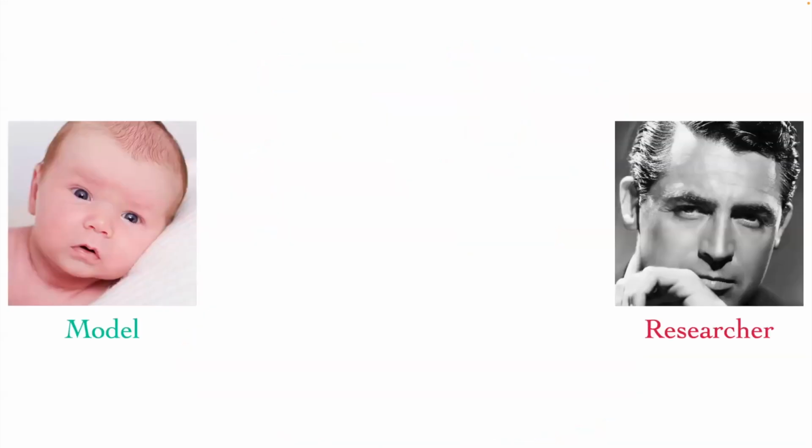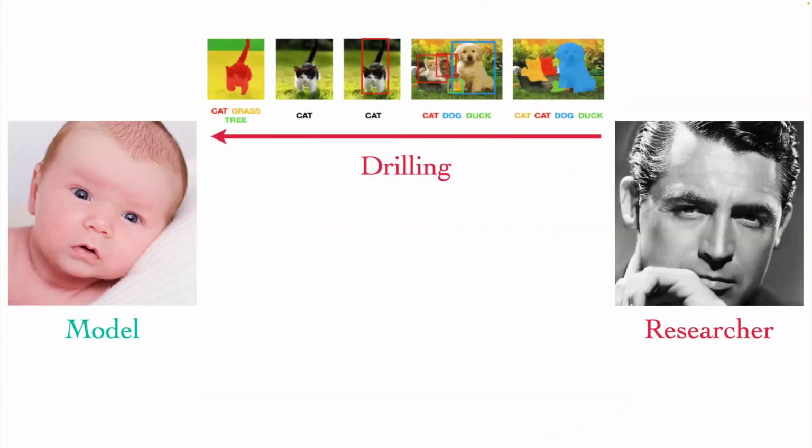So I liken our learning, as the model and the researcher, to a baby versus an adult, okay? When we come up with this list of tasks, we essentially fall back into this mindset of drilling the model. We define the task.